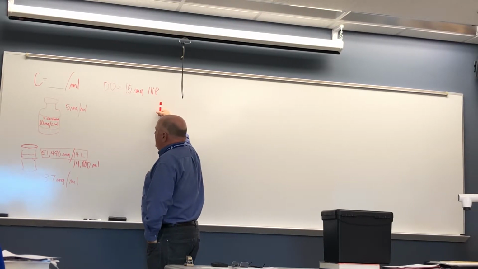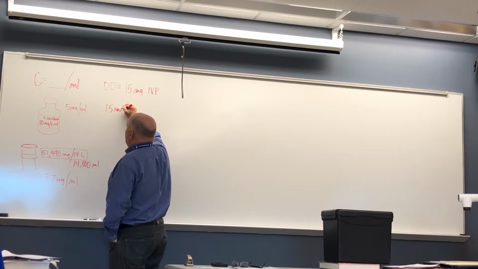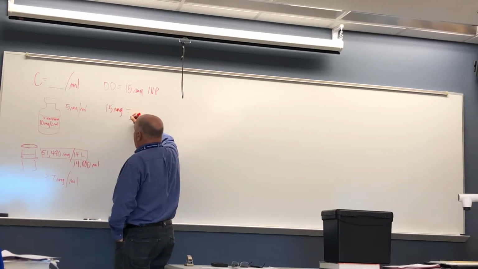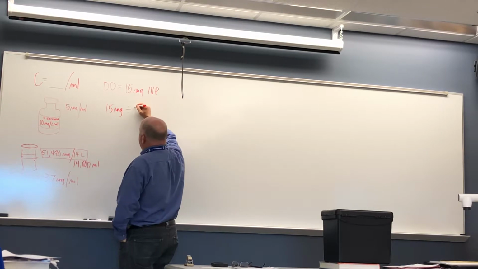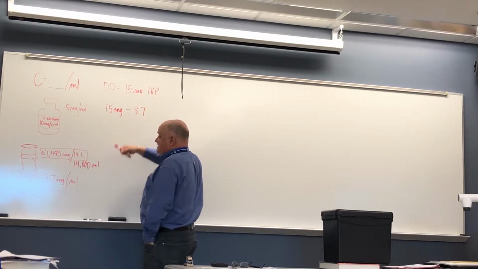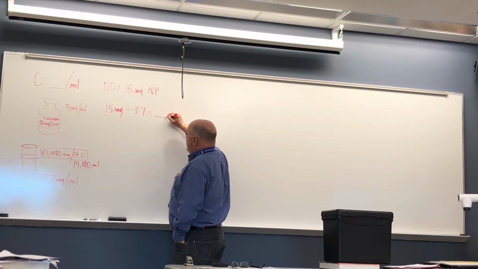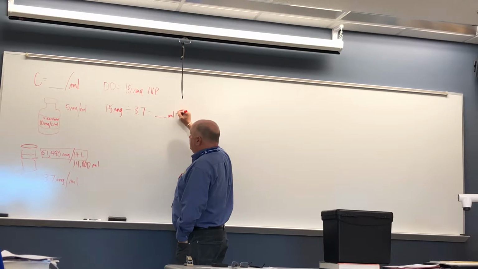So how did you get your answer? The 15 milligrams divided by the 3.7 milligrams. So you go 15 milligrams divided by 3.7, which is how many milligrams is in each mL, equals number of mLs.